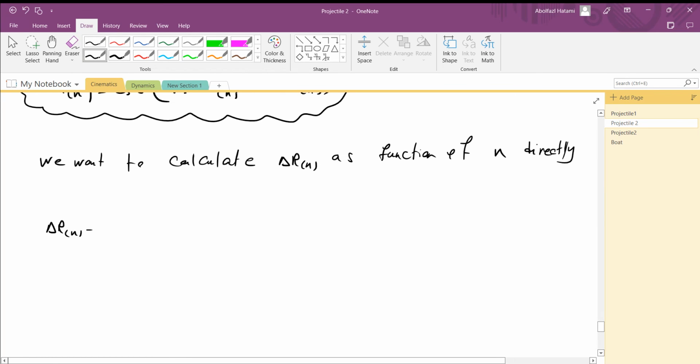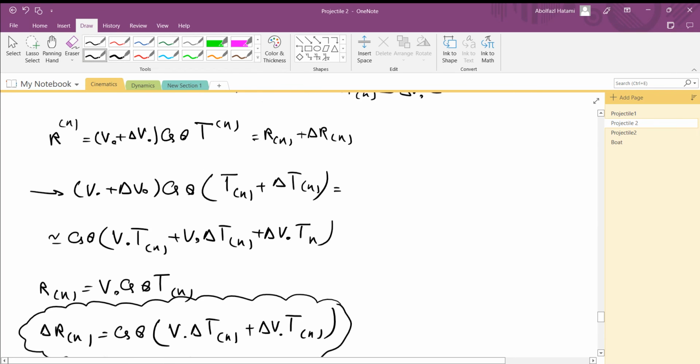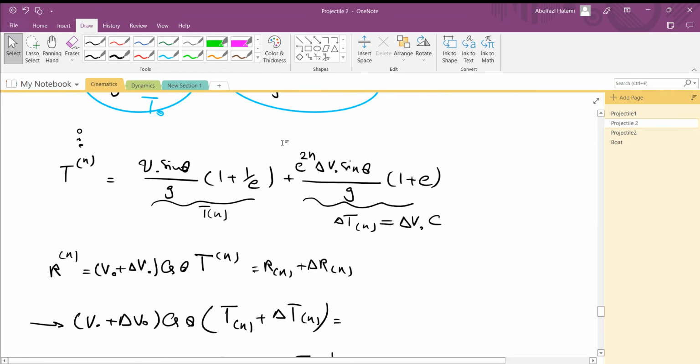So let me write it again. Delta Rn is going to be cosine of theta, where theta is the initial angle with which we shot the ball with respect to the origin, times V0. And what was delta Tn? Here we understood that delta Tn is something like this.